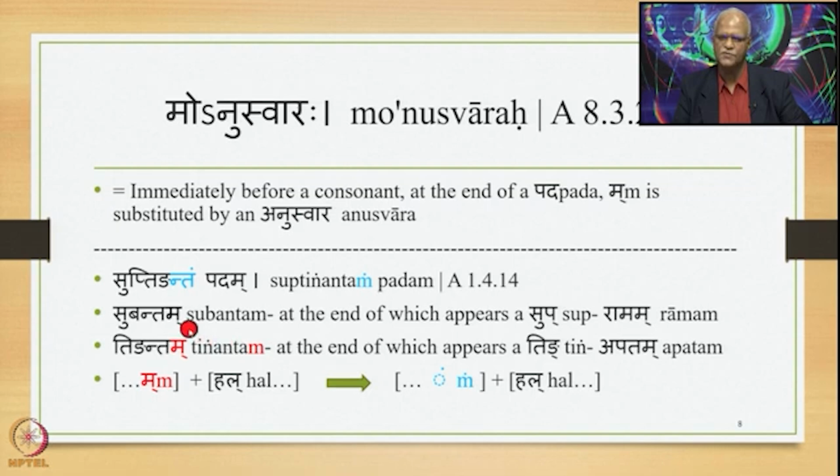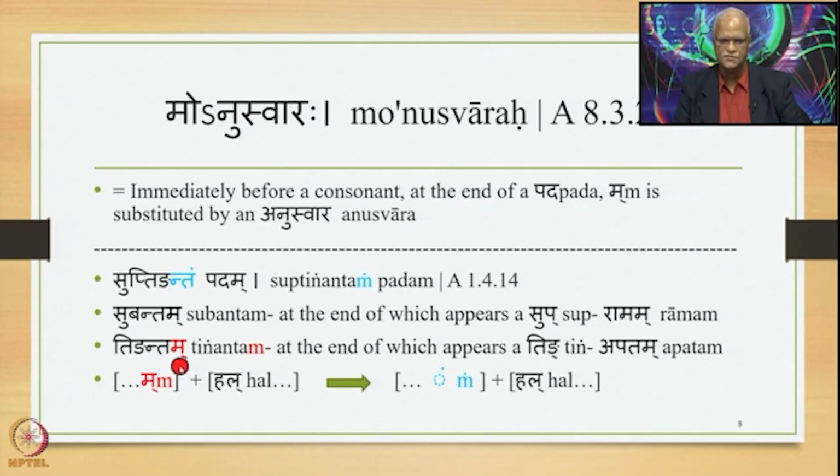The example is visible over here. We have Subantam and Tingantam written in this particular fashion where no Hal is following. Subantam, that's all, and there is no Hal following. Tingantam, no Hal is following. So Ma is written as a consonant Ma with the proper signs indicating that it is a consonant.